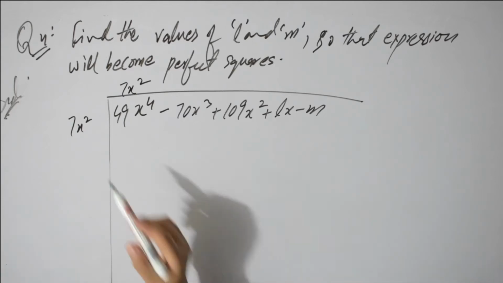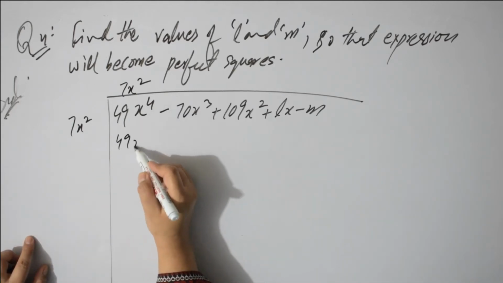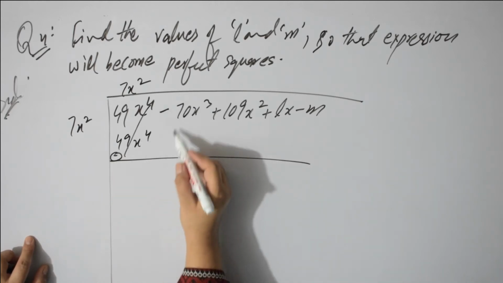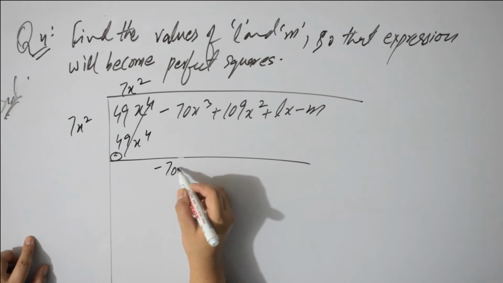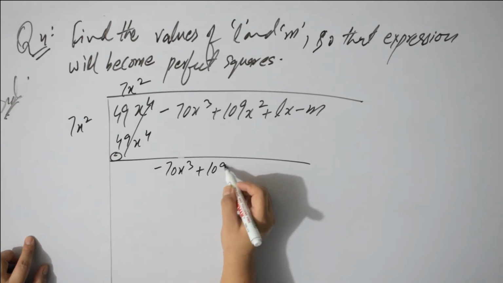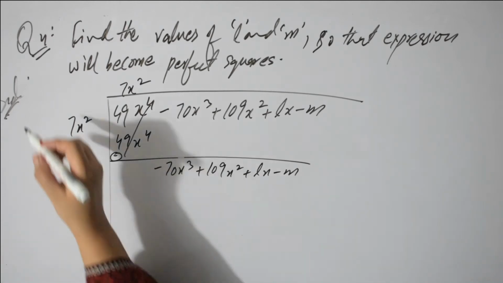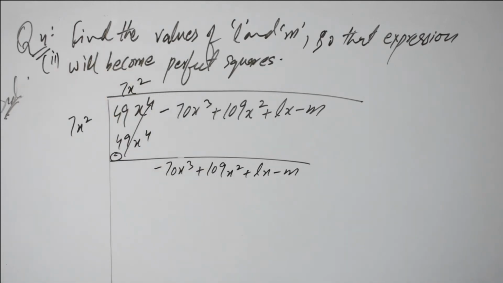Now you will multiply 7 times 7x square, 49x4, minus, and bring this expression down, minus 70x cube plus 109x square plus lx minus m.